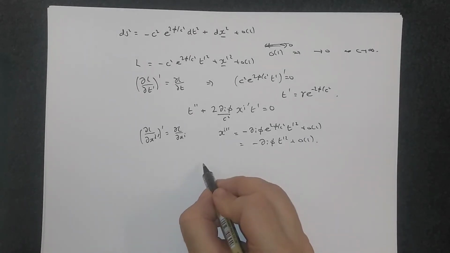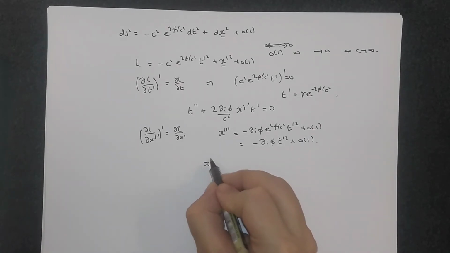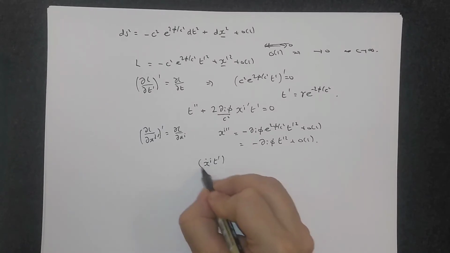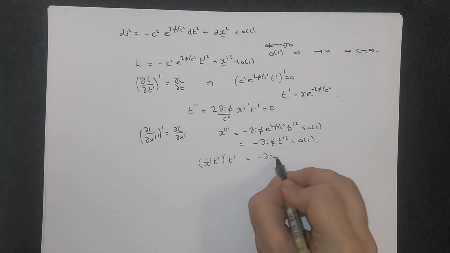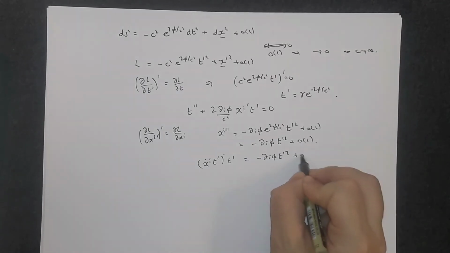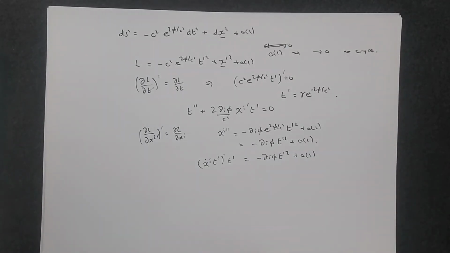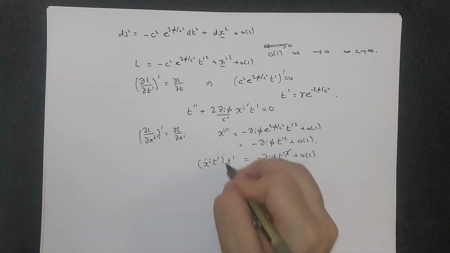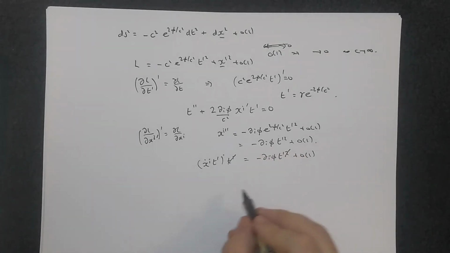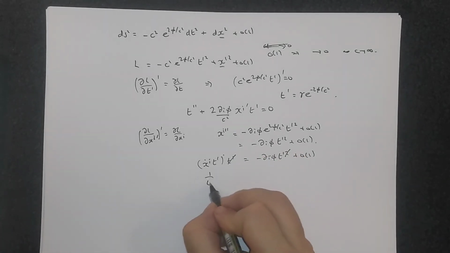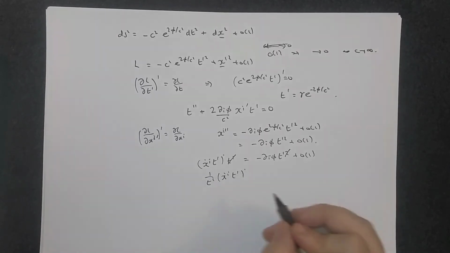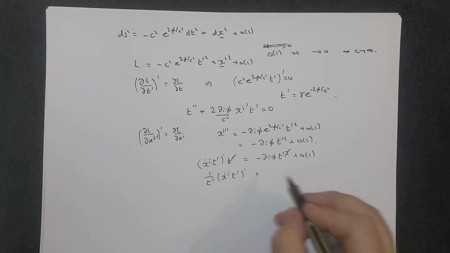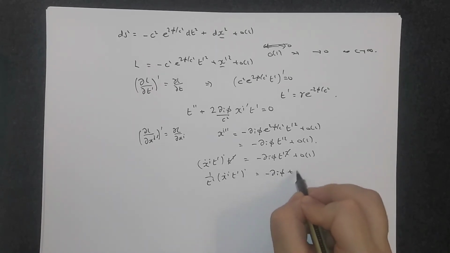We can write this out as x^i dot t prime dot times t prime, so that cancels that, and therefore we get 1 over t prime x^i dot t prime dot minus di phi plus little o(1).